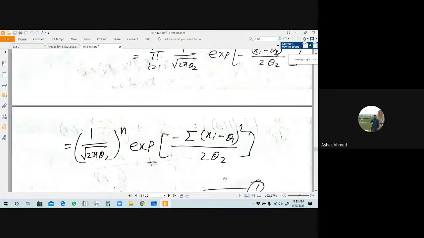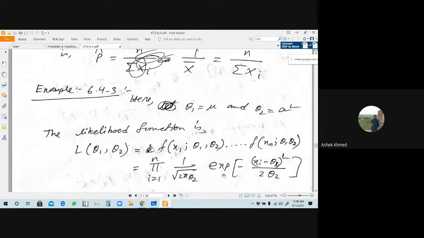So from here, for finding the maximum likelihood value for this function, we have to differentiate. But in that case, how many parameters are here? Two parameters.